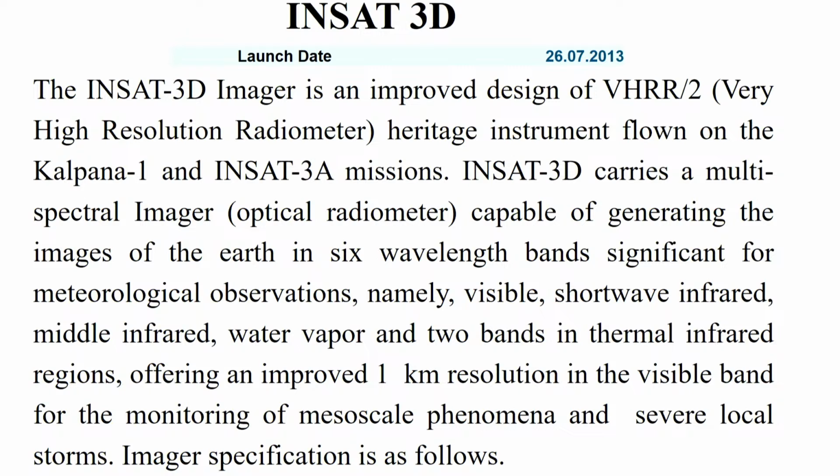INSAT 3D carries a multispectral imager, an optical radiometer, capable of generating images of the Earth in 6 wavelength bands significant for meteorological observations, namely visible, shortwave infrared, middle infrared, water vapor, and 2 bands in the thermal infrared region, offering an improved approximately 1 kilometer resolution in the visible for monitoring mesoscale phenomena and severe local storms.